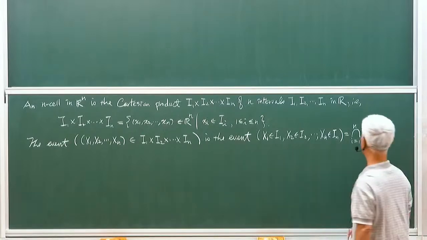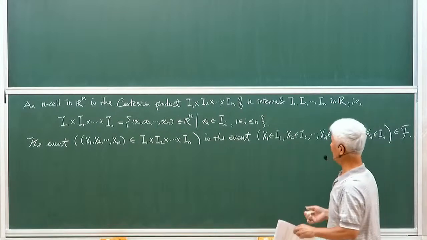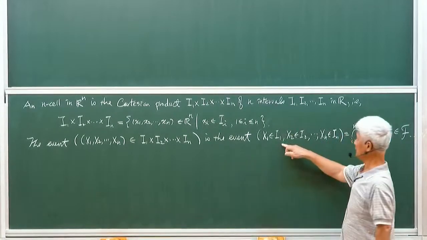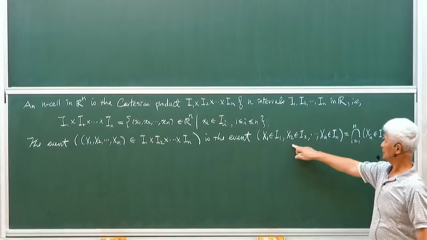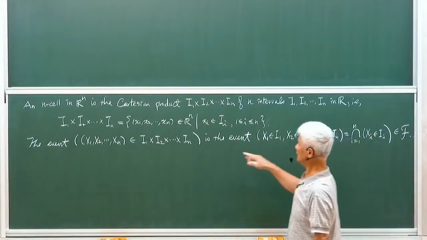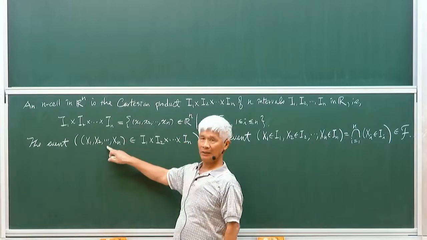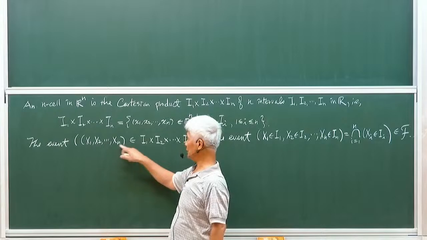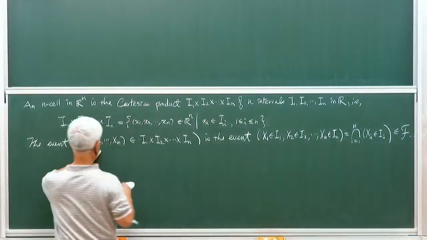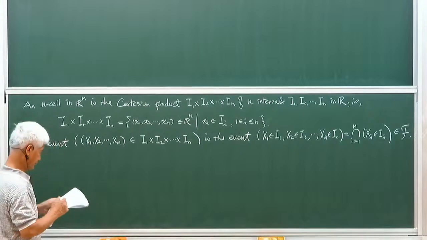So this is in F. You can describe the joint event this way, by components, or express the same joint event by the random vector. This random vector is in this n cell.